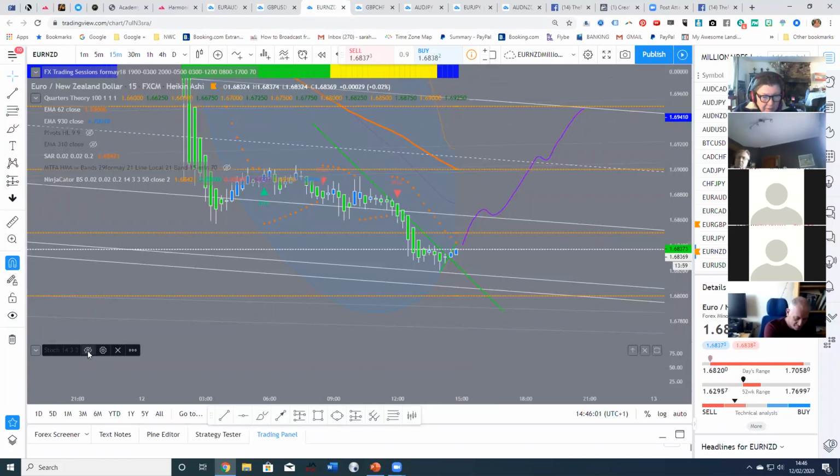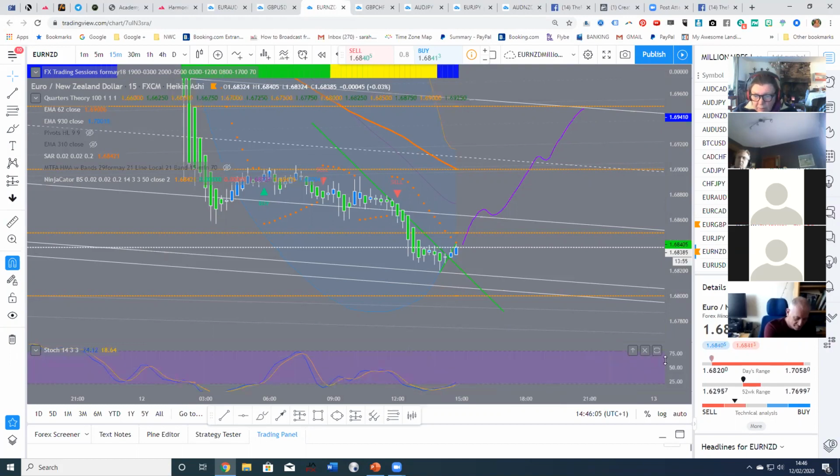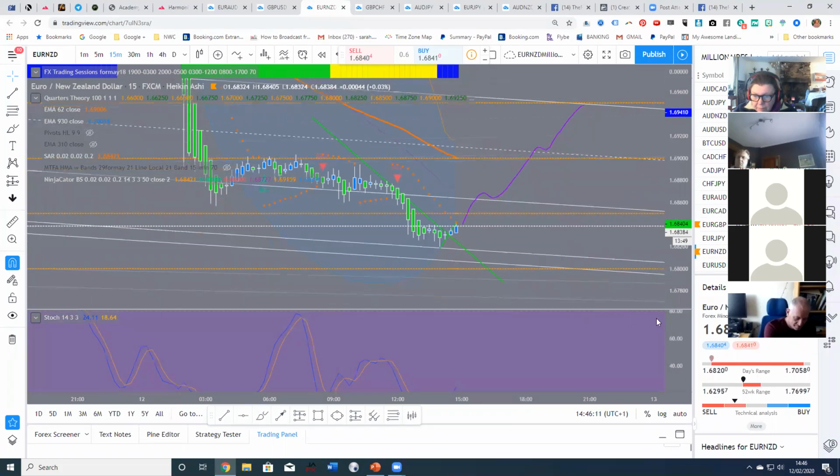And then the stochastic is saying it is oversold and it does want to come up on the 15 minutes. So you have got it in the extreme, which is good. And there's a little gap forming there, and you've got flat bottom candle. So wait for the SAR to flip on the 15 minute.